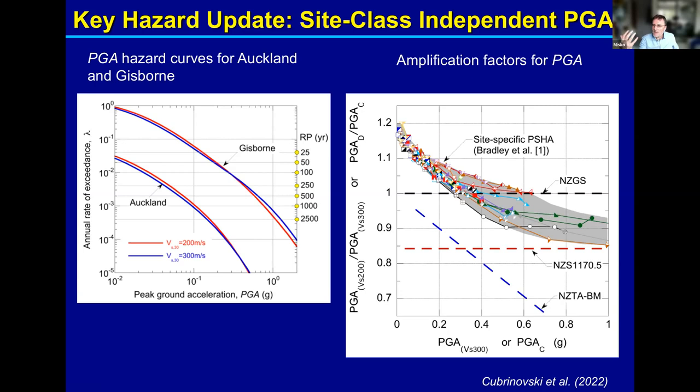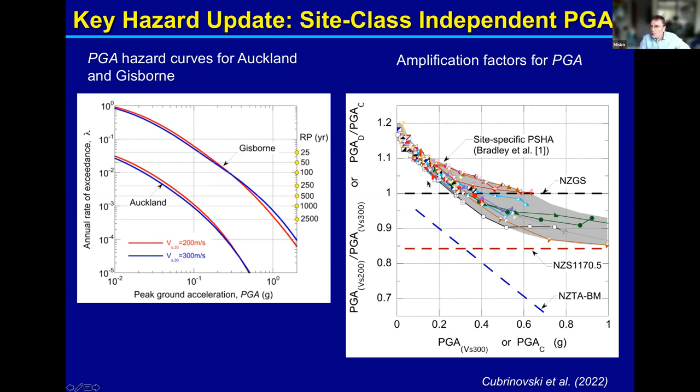So this plot is nicely allowing us to plot everything together and to consider what kind of amplification or differences we are seeing between 200 meters per second, maybe representative for softer soil sites, and 300 meters per second, which are representative for stiffer soil sites.